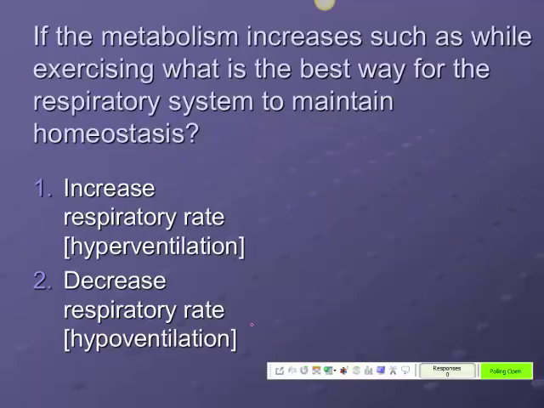So let's say, again, something I asked you, so let's review these areas. If metabolism increases, what's the best way for the respiratory system to maintain homeostasis?